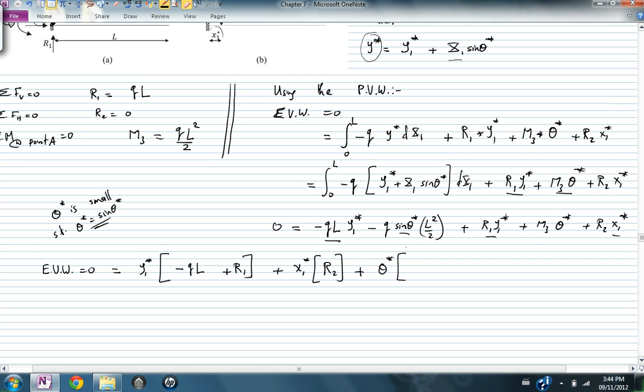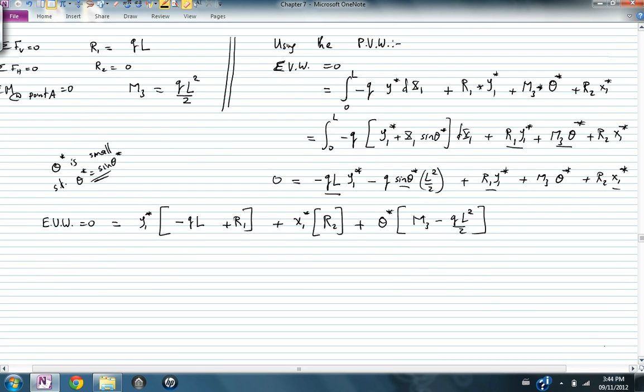So this will give me M3 minus Q L squared over 2. And similar to the previous section, these quantities are arbitrary. I could choose anything I want. If I choose this 1 and this is 0 and this is 0, you get R2 equals 0.